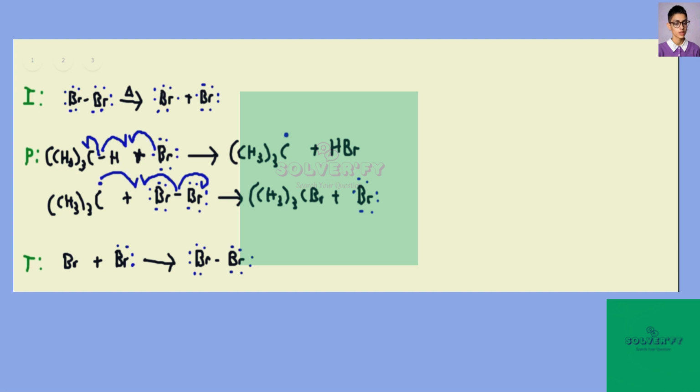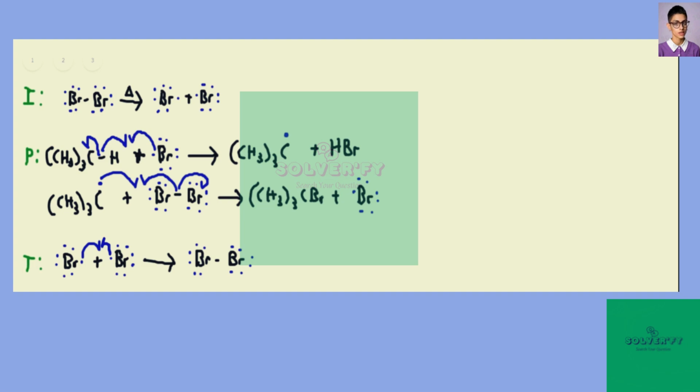We could have any two radicals in this reaction, but it's nice and clean to say that it's going to be two bromine radicals coming together to reform Br2, and so that terminates the reaction. Okay, that is part B of this problem.